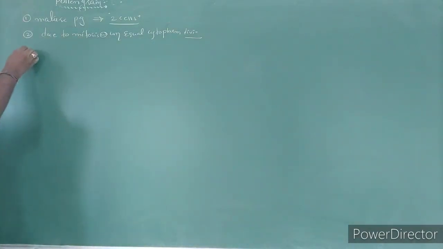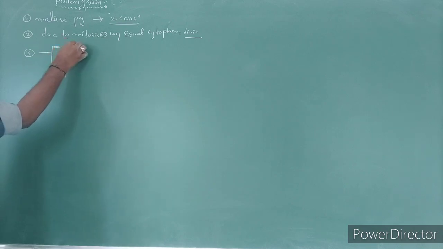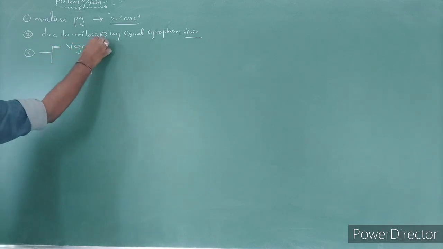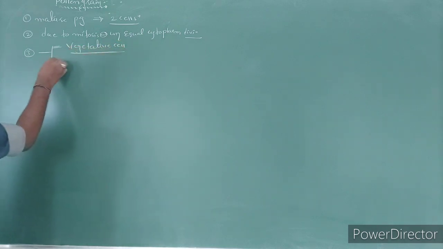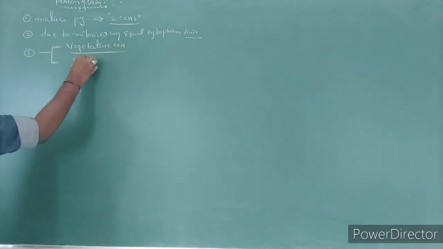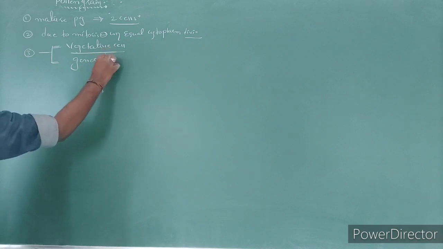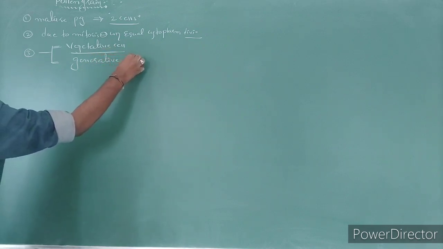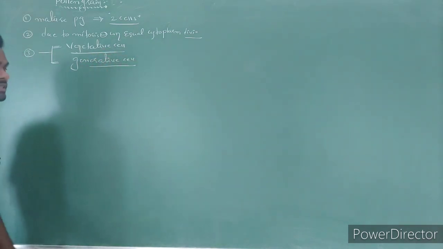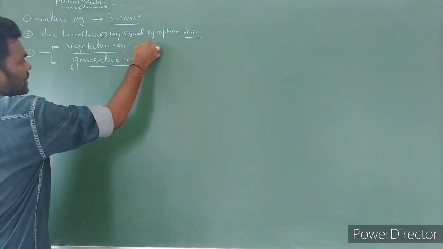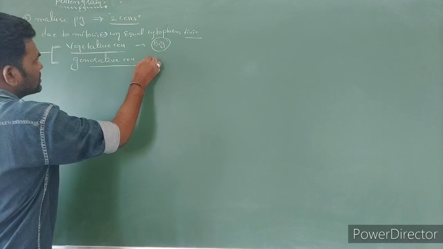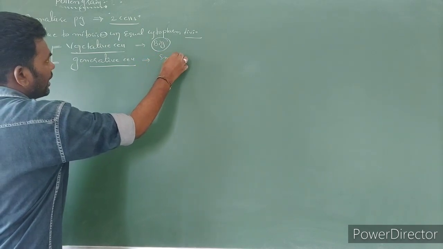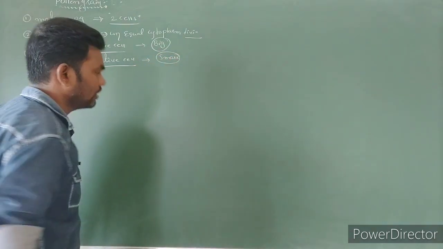One cell is the vegetative cell and another cell is the generative cell. The vegetative cell is big in size, and the generative cell is small in size, right?